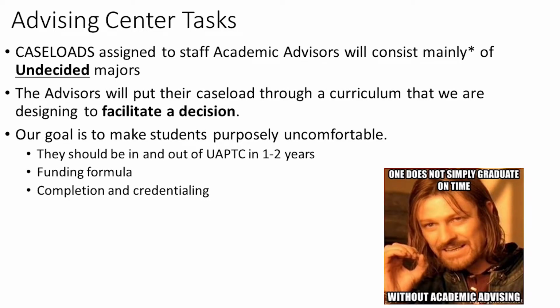Okay, so they will still work with undecided majors. We know that there are a lot of students who are coded as the Associate of Arts. Well, how do we get them to the correct advisor?